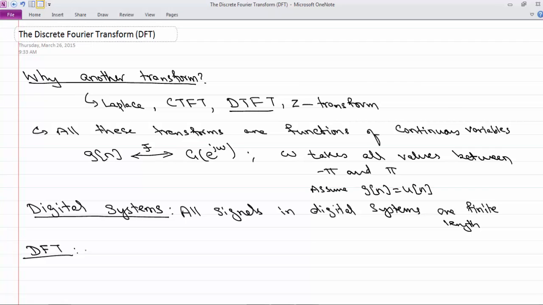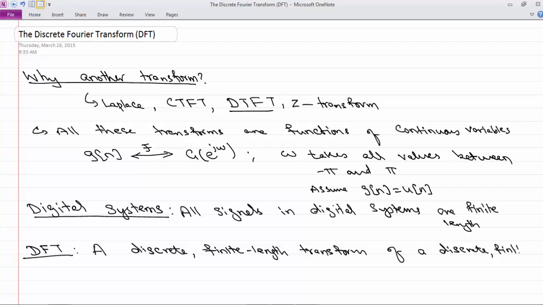But for the purposes of this undergraduate class, this is how I would describe it to you, which is that a DFT is a discrete finite length transform of a discrete finite length signal.